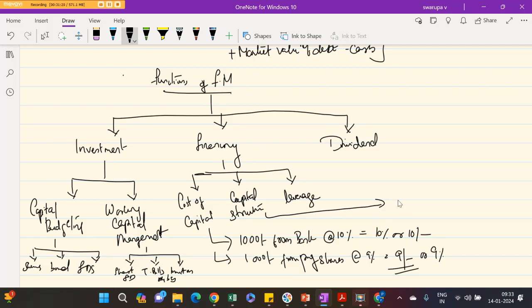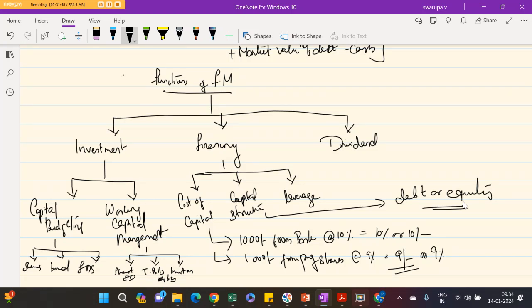Now, capital structure is a combination of debt and equity. We should always have a balance of debt and equity. What will happen if there is too much debt? If there is too much debt, there is a 100% mandatory commitment on our side to pay interest. So our working capital requirement increases because we have to meet our interest requirements.